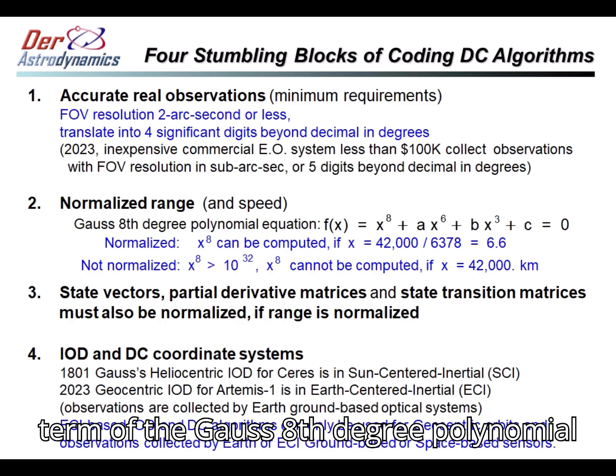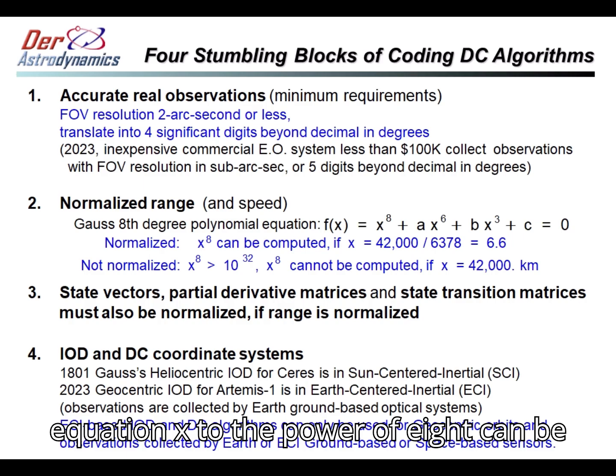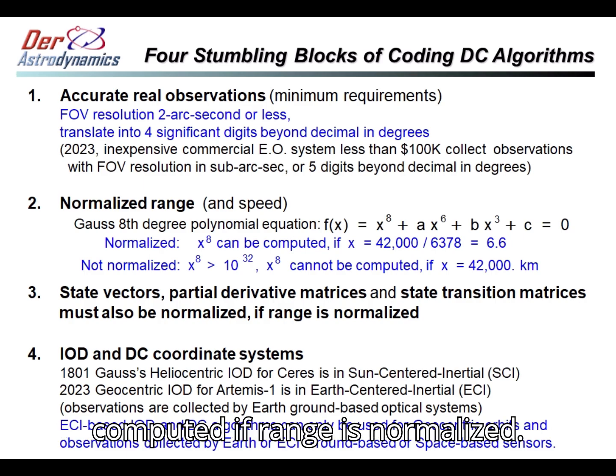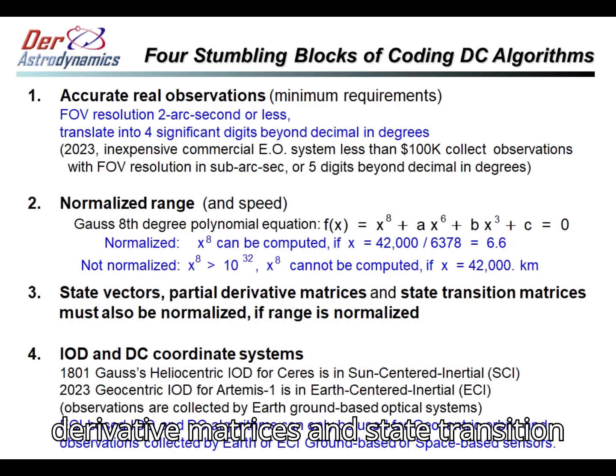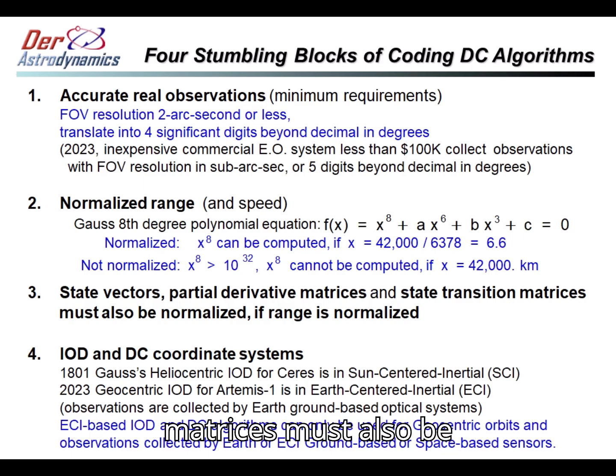The first term of the Gauss 8th degree polynomial equation, x to the power of 8, can be computed if range is normalized. 3. State vectors, partial derivative matrices, and state transition matrices must also be normalized if range is normalized. 4. IOD and DC coordinate systems.